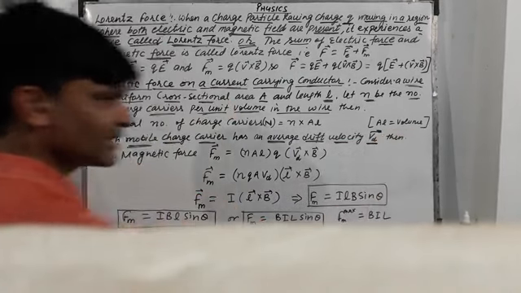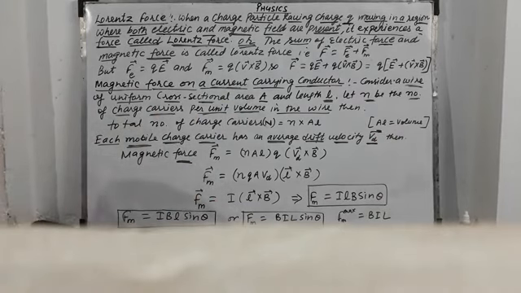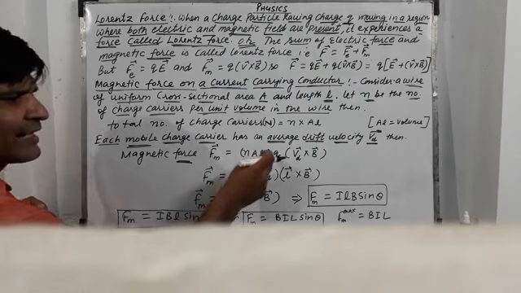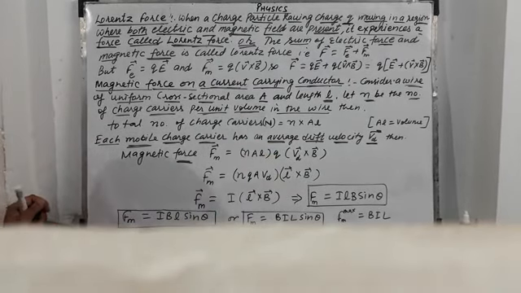Then the total magnetic force Fm is equal to nAL into q. This gives the total charge.